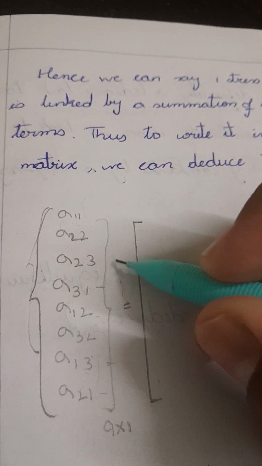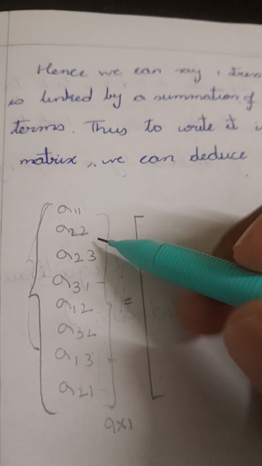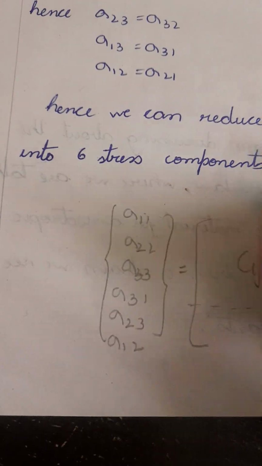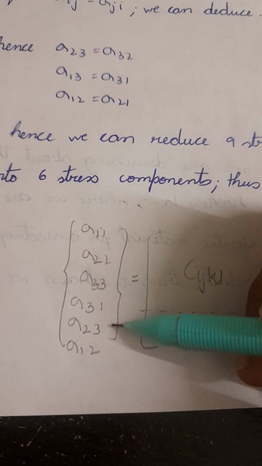And 3 2 and 2 3 are the same, so instead of writing these two, I'd just take 1. So these 3 elements plus 1 1, 2 2 and 3 3, I would have a total of 6 elements, right? So I have restricted my study from 9 stress components to only 6 stress components.